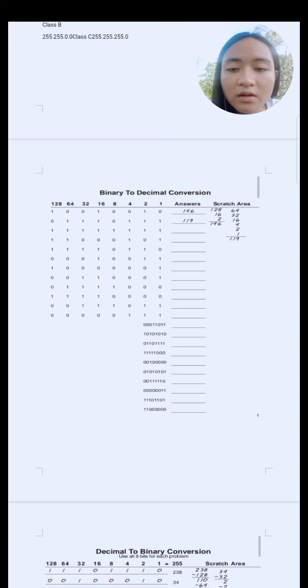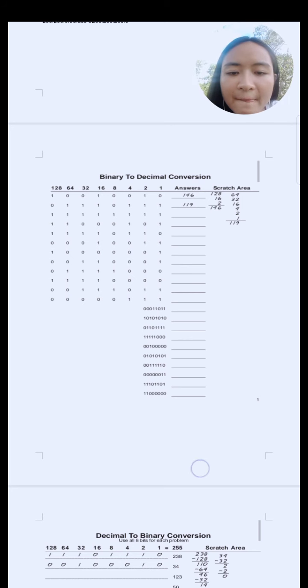So we just put automatically a 0. For example, when we add 128 to 16, it does not go over 146, so we put a 1.